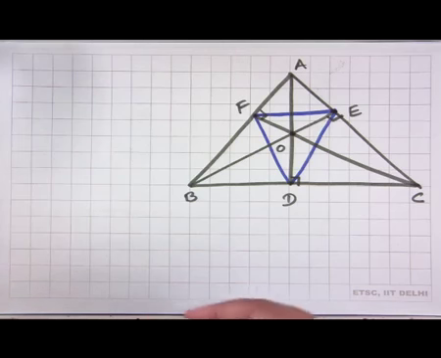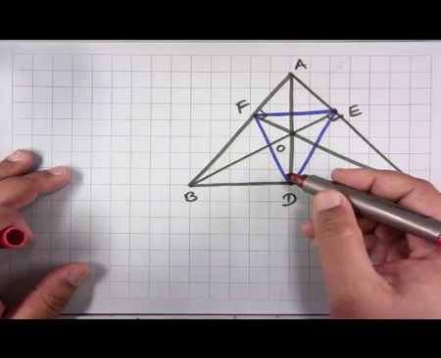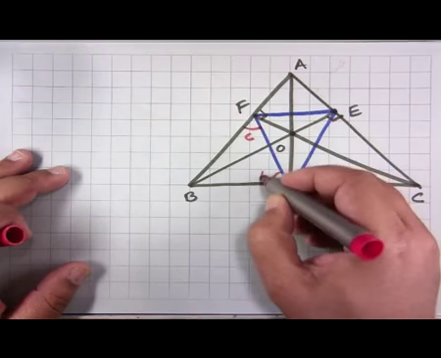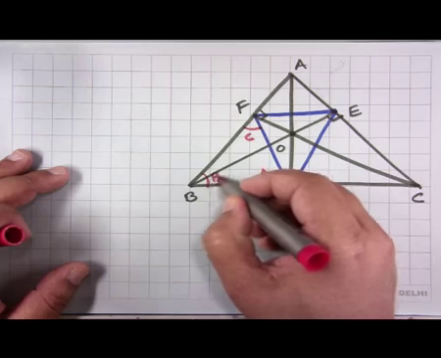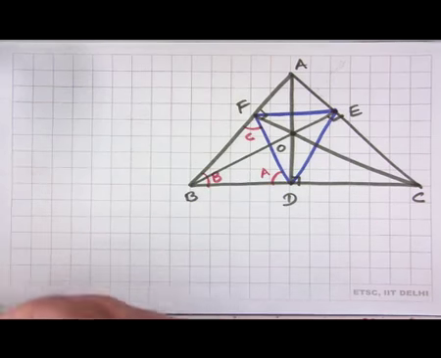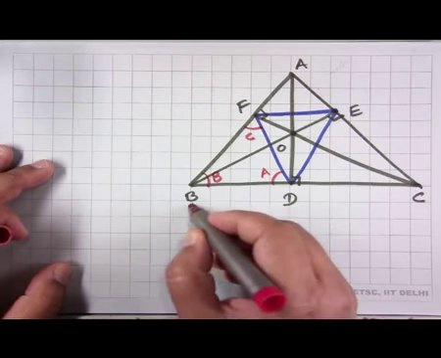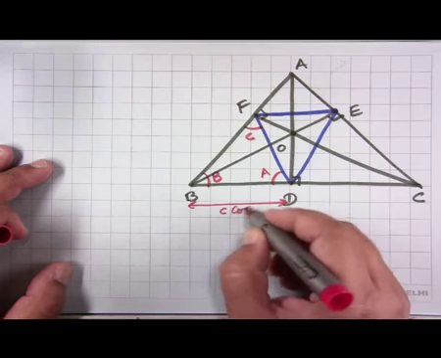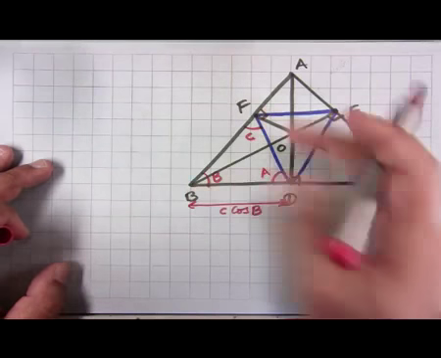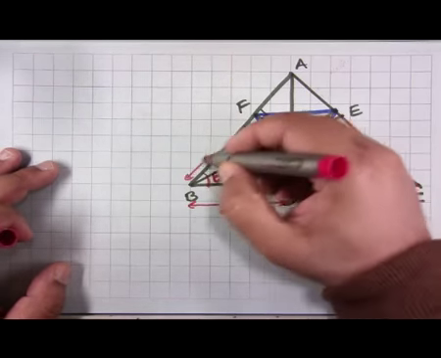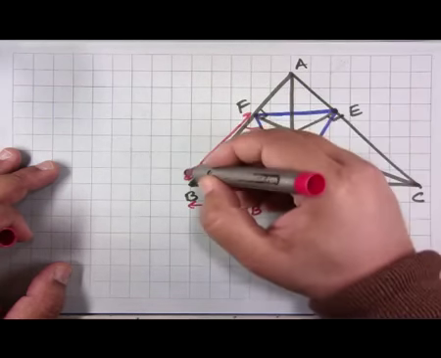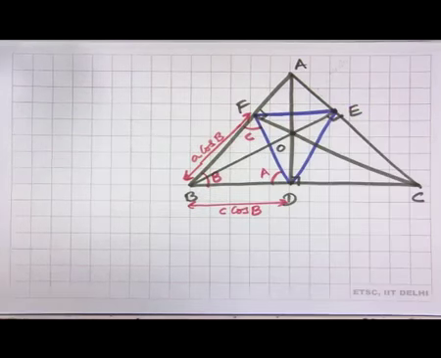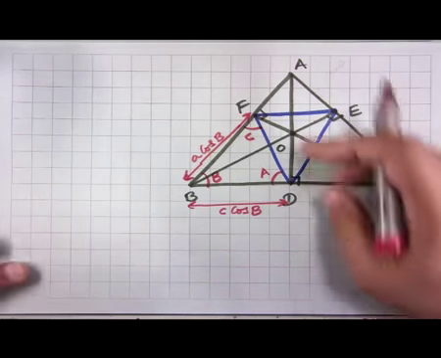So, for that we already know, and we have already shown in the previous slide, that this angle is equal to C, this angle is A, and of course, this angle is B. And we already know that this side BD, the length is nothing but C times cos of B, and the length of this side BF is nothing but A times cos of B. And then it is not very difficult to find the length of this side.